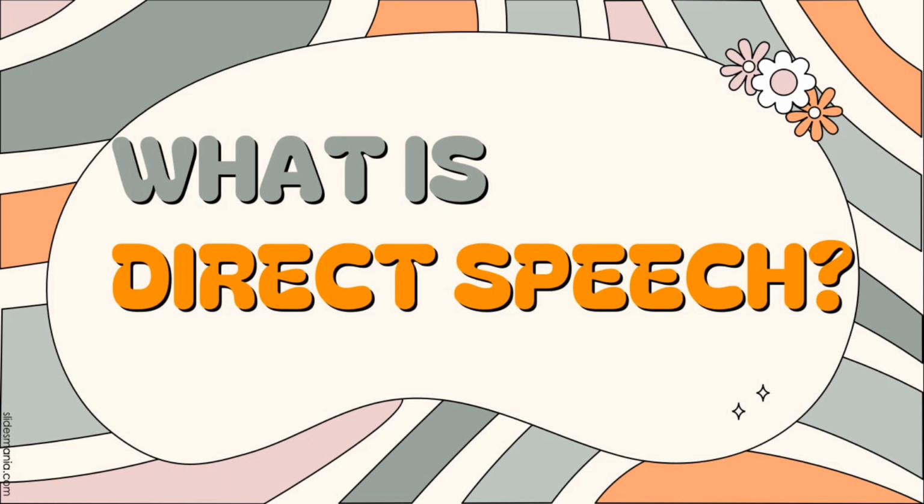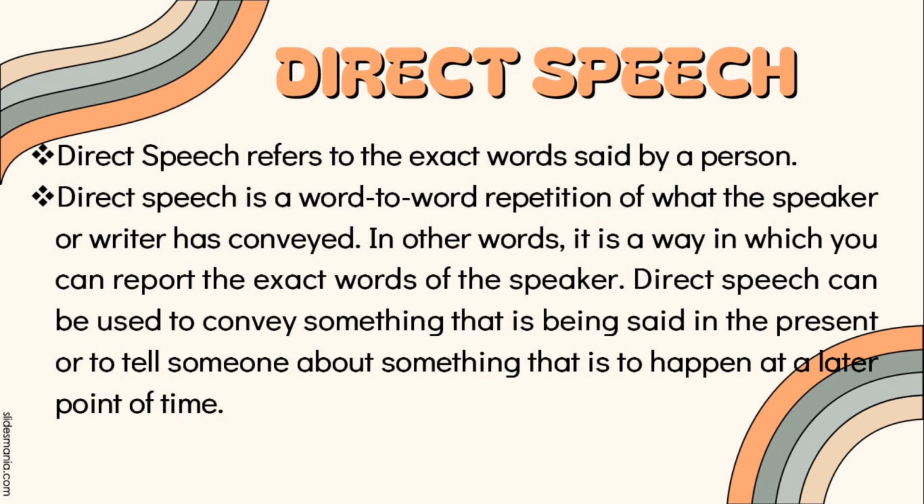Again, for today's session, we are going to talk about the direct and indirect speech, but let's discuss first what is direct speech. Direct speech refers to the exact words said by a person. Direct speech is a word-for-word repetition of what the speaker or writer has conveyed.